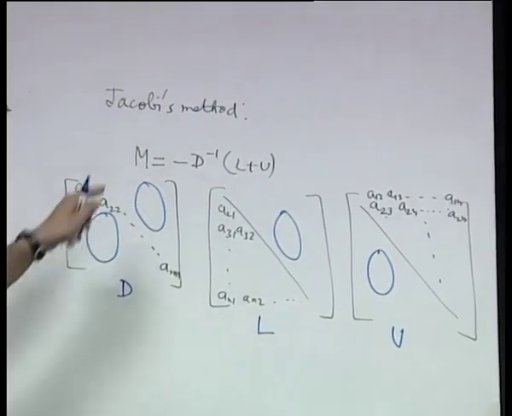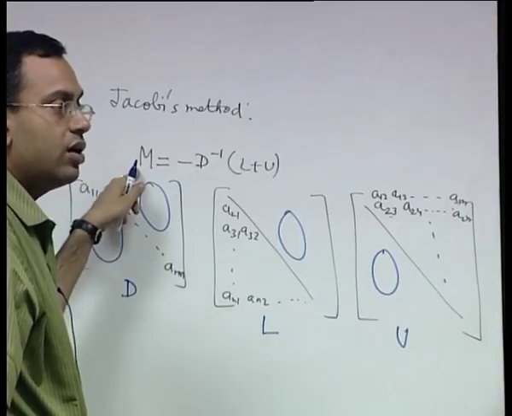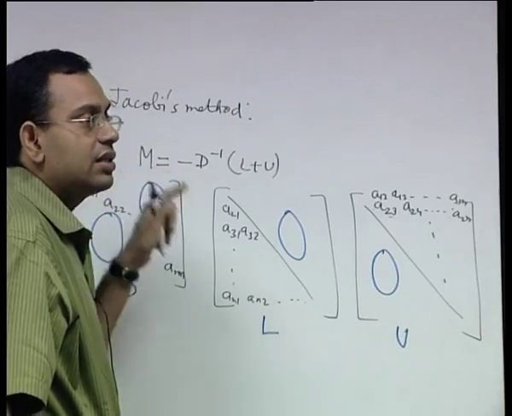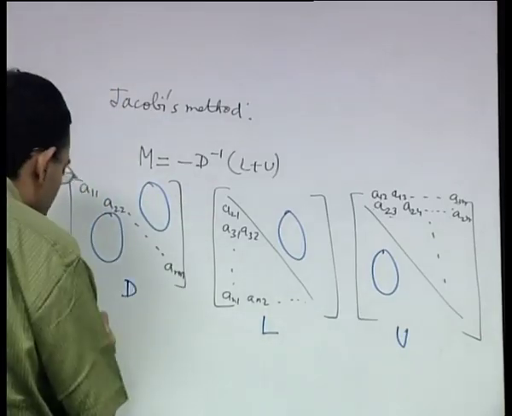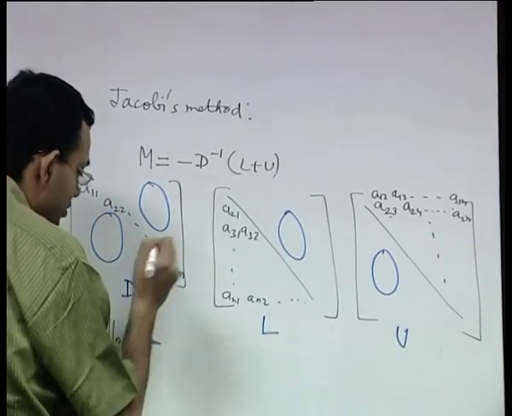Now if you want to calculate the norm of this one, you can calculate either the column sum norm or the row sum norm. Let us consider the row sum norm as an example.